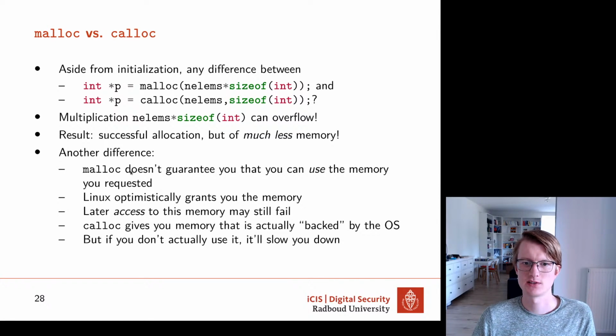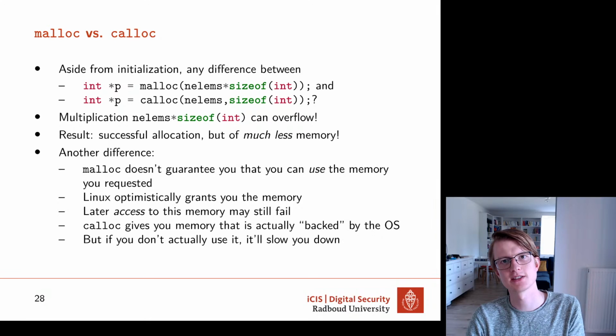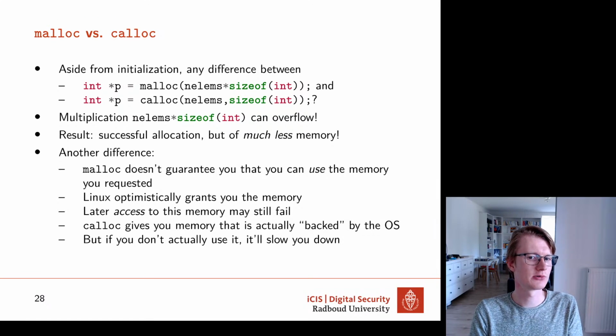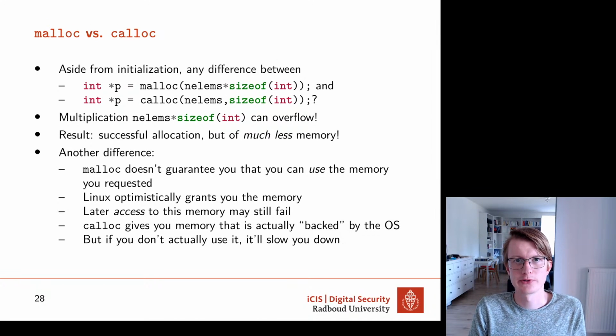Malloc is lazy, so the Linux kernel, the operating system, will just give you the memory, assuming that it can figure out how to give you that memory when it comes to it. This is how you could, for example, try to malloc a terabyte, and there are programs that do that.